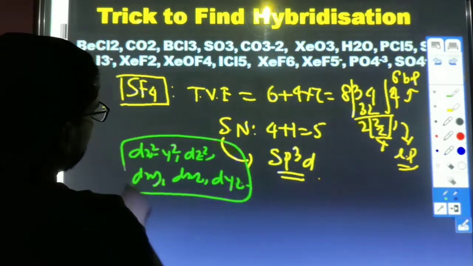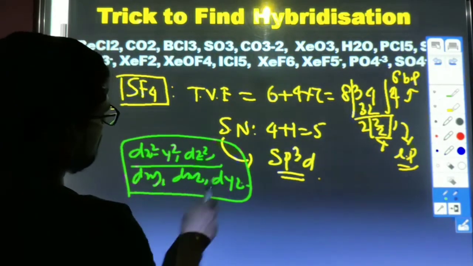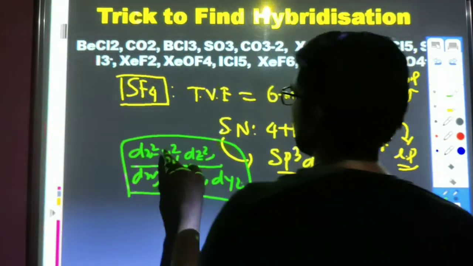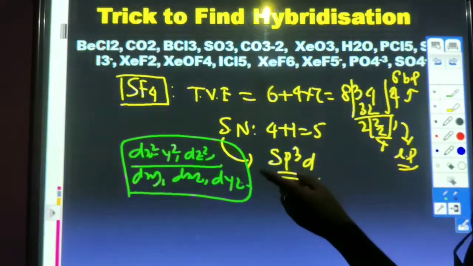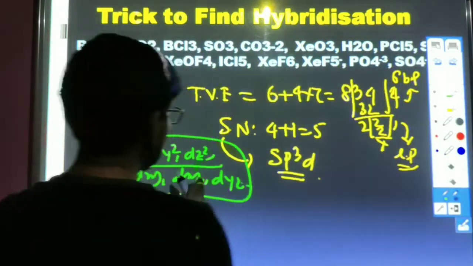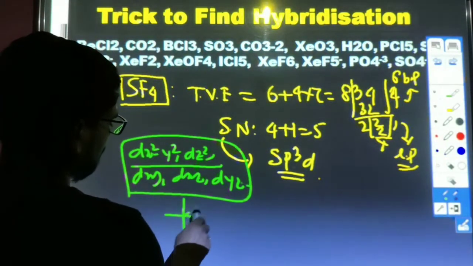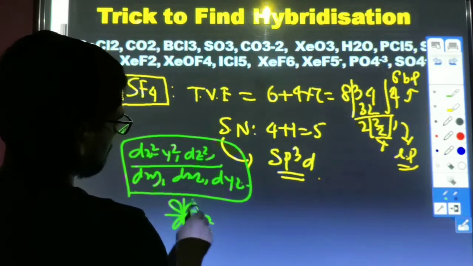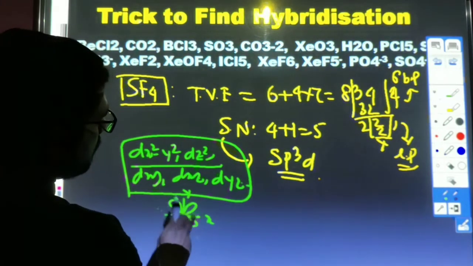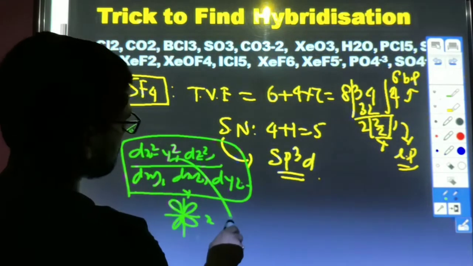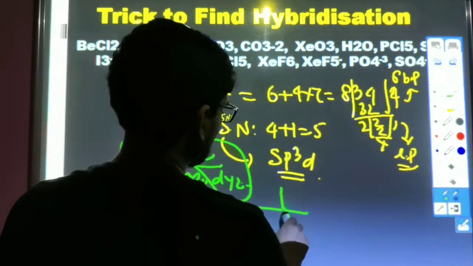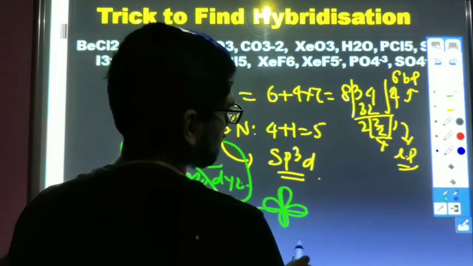These are the 5 d orbitals. In these two orbitals, the lobes will be along the axis, and in these 3 orbitals, the lobes will be in between the axes. See, dxy, dxz and dyz, the shape will be like this: x and y. If you write xz, then this is xz, this is xy. If you write yz, then you will get yz. And dx square minus y square, this is the shape for dx square minus y square.